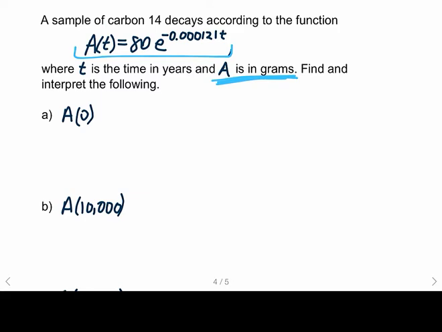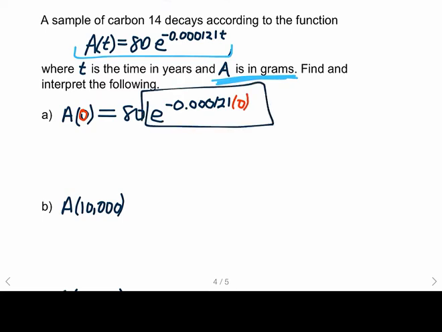A of 0 is going to be what happens when 0 is put in place of t. This time t is in years, but that doesn't matter really for the first one. A of 0 is going to be 80 times e to the 0.000121 times 0, and so the portion that has the exponent is going to be 1.